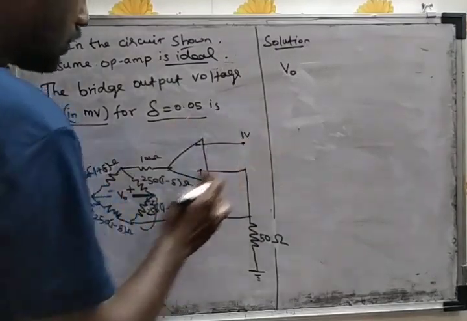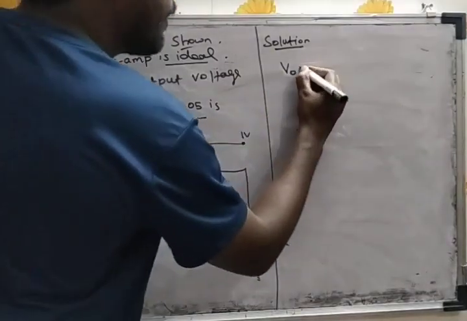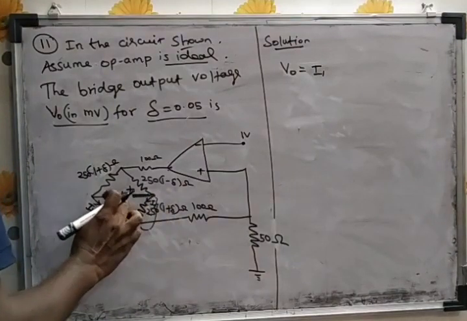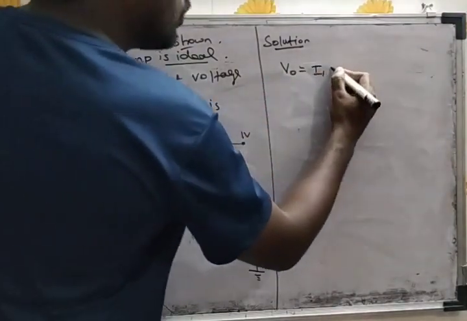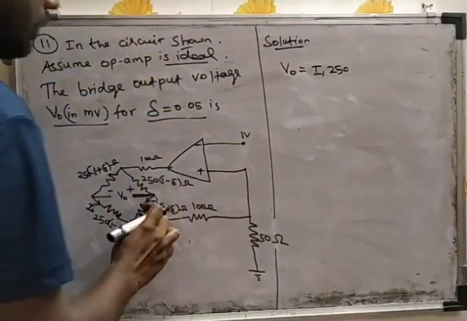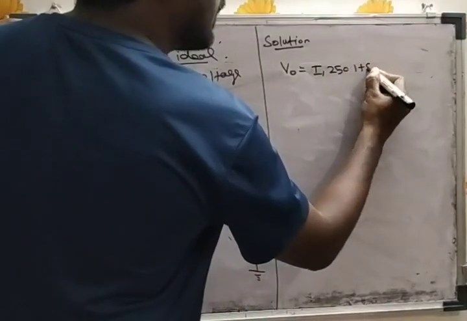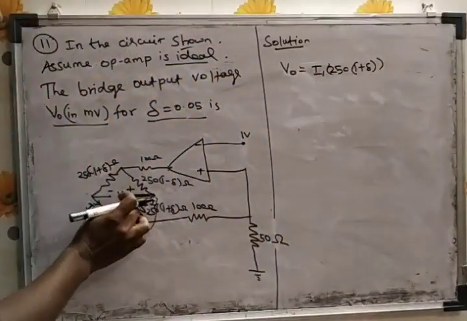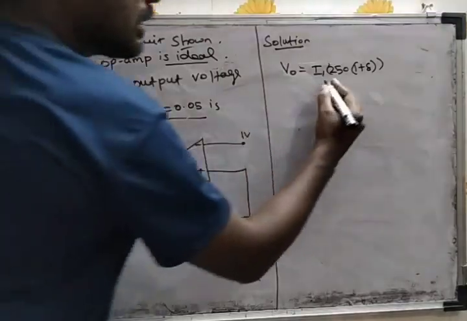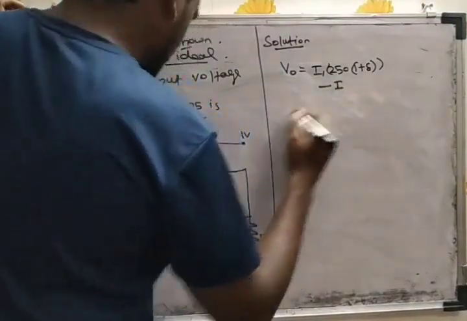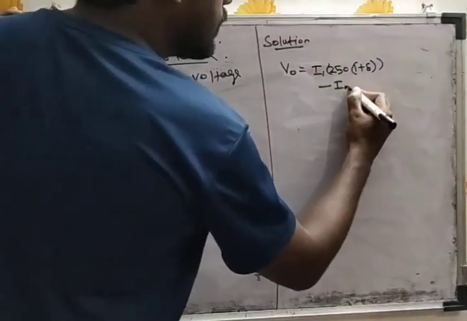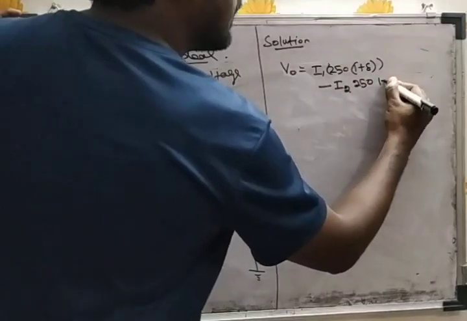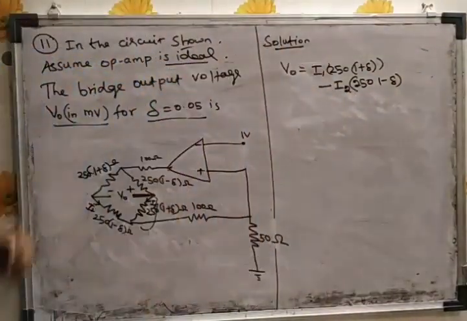So V0 is equal to I1 into 250 into 1 plus del, since V is equal to IR, minus I2 into 250 into 1 minus del. This is your V0 value.